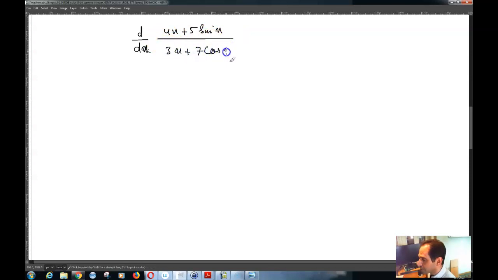Now number 26 is 4x plus 5 sine x. You want to calculate d by dx of 4x plus 5 times sine x over 3x plus 7 times cos x. Now you know that u divided by v whole prime is equal to u prime times v minus u v prime over v squared.